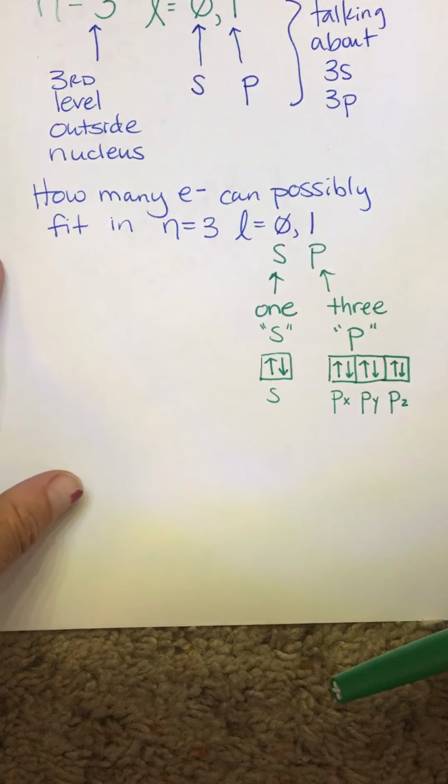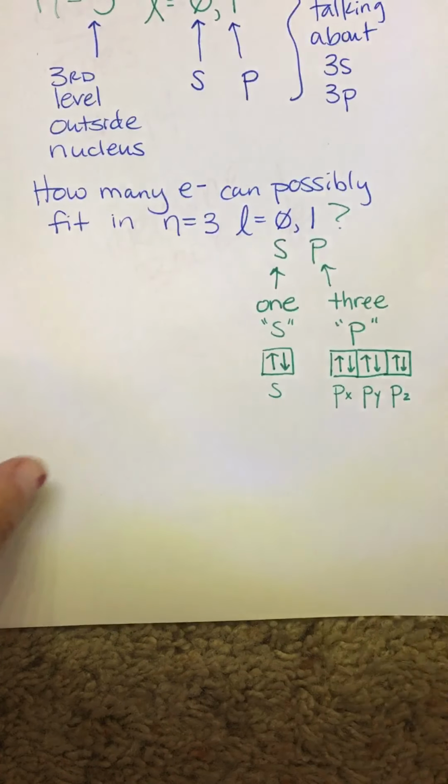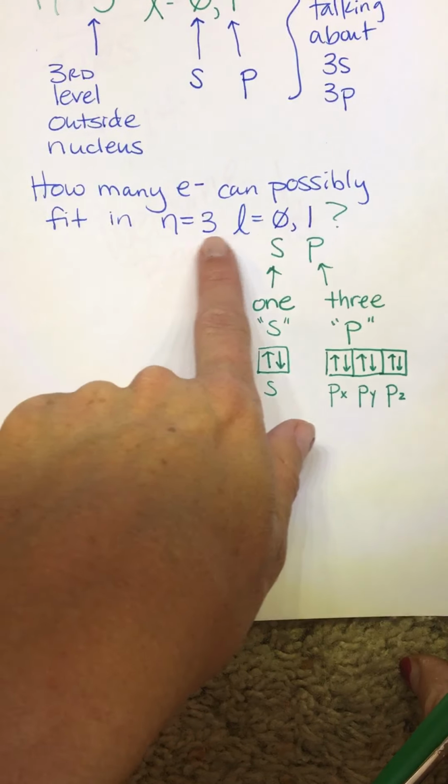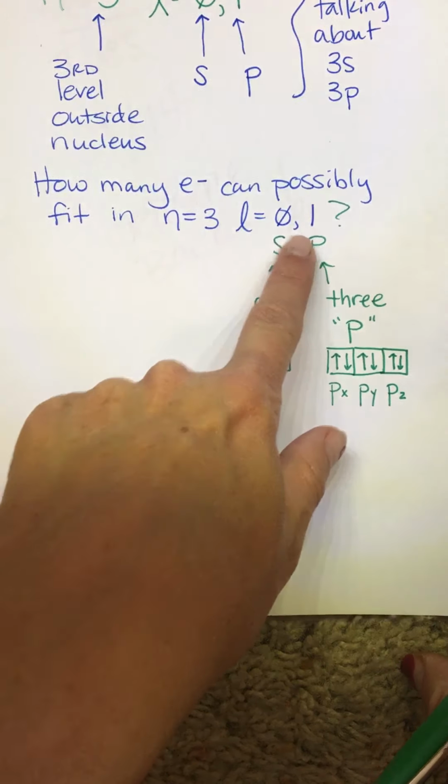So when we're looking at this question, we're talking about 2 and 6. This is a total of 8 electrons. Let's try another one. Let me flip this over.